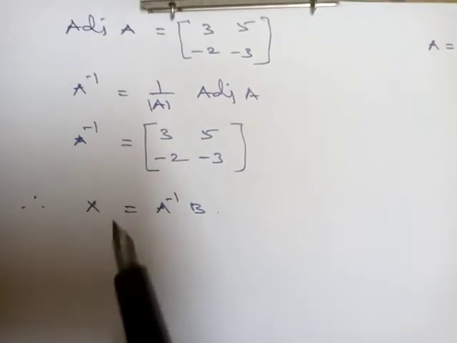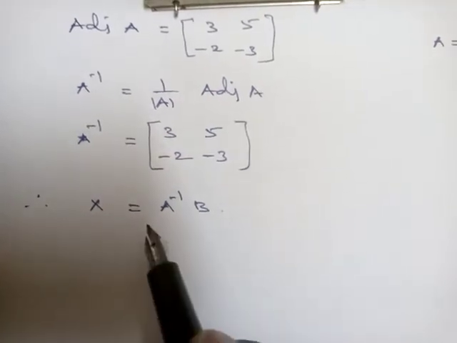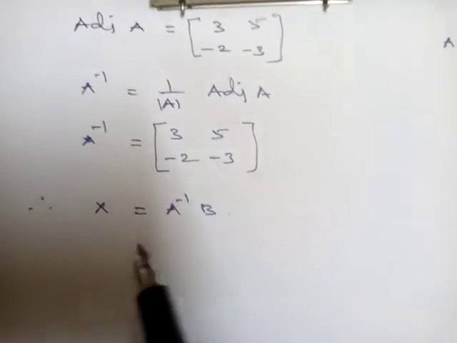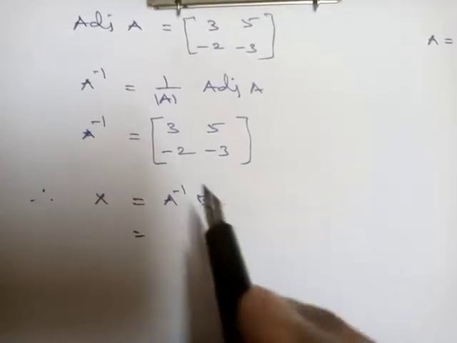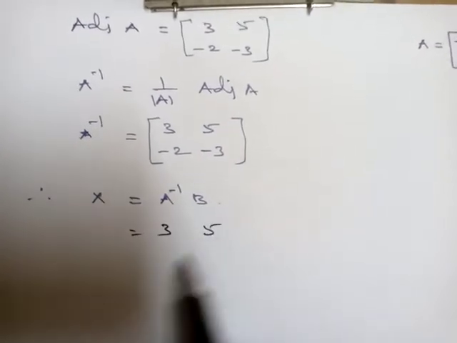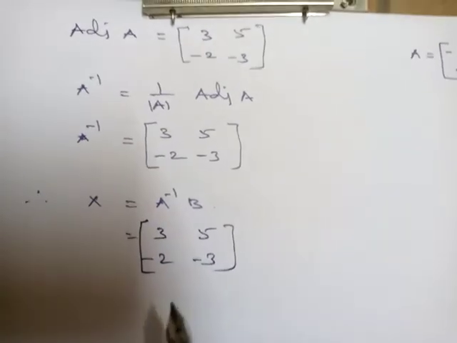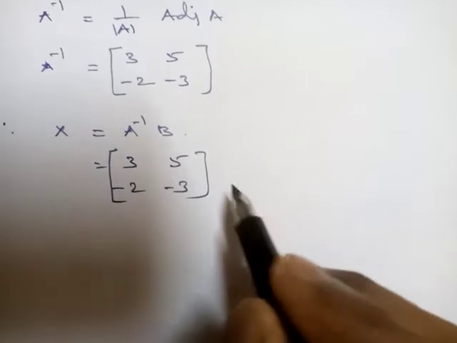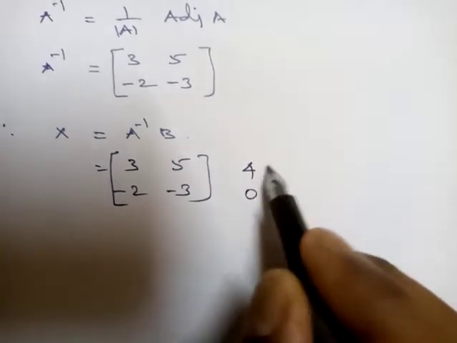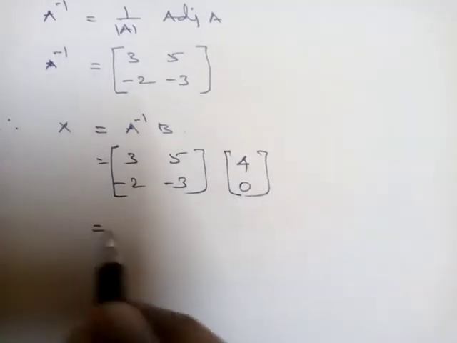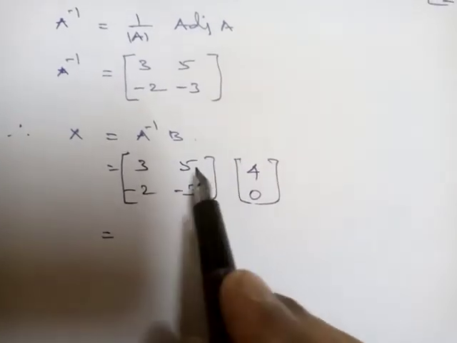So now what is the X value? Already we found X is equal to A inverse into B. A inverse we know: 3, 5, minus 2, minus 3. What is the B value? 4, 0. This is B, so multiply this. How to multiply? This row, this column.